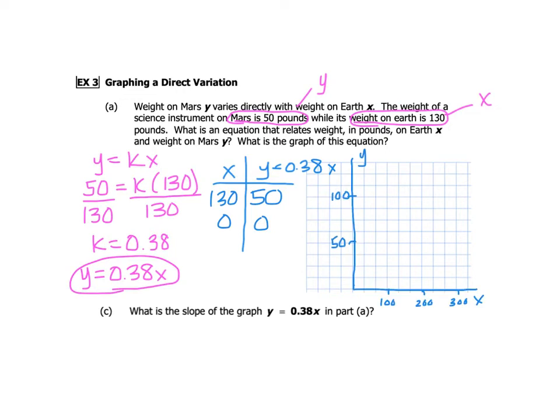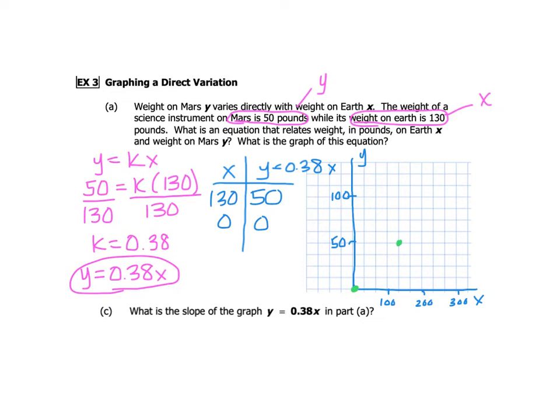Okay, so let's go ahead and graph our points now. Notice here that you can make your x and y values on your graph whatever you want as long as all of the increments are the same, which I have all the increments being the same. So I'm going to graph my point 0, 0, and I'm going to graph my point 130, which is roughly here, and 50, which is roughly there.